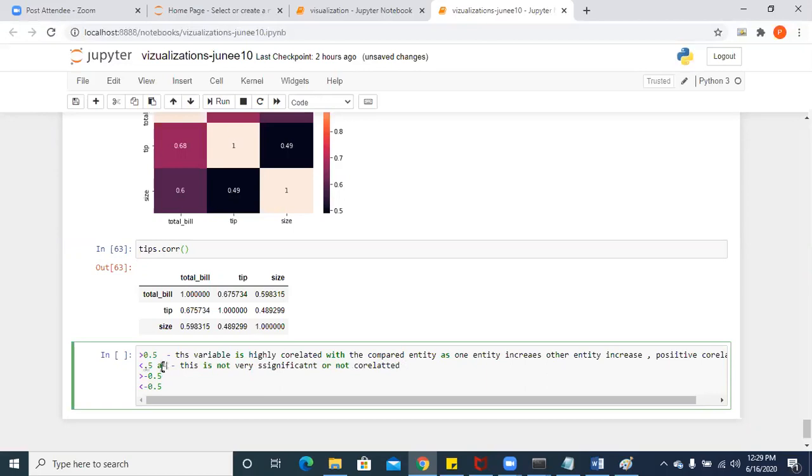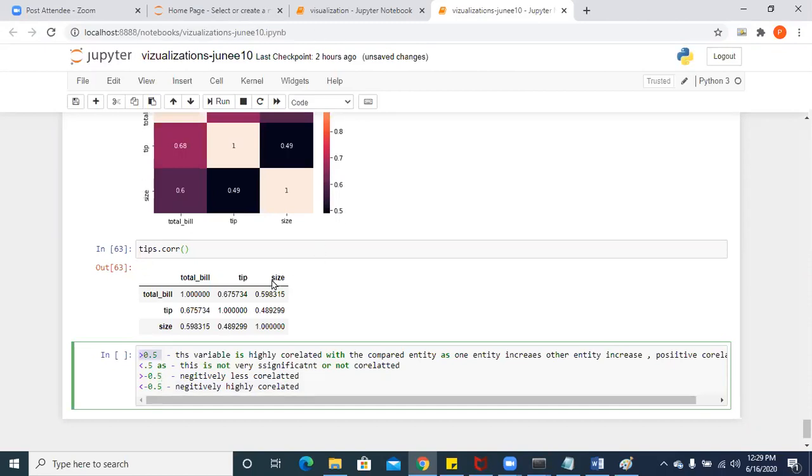So if the value is less than 0.5, the correlation between the entity and the combined entity is not very good. This is negatively less correlated, and this is negatively highly correlated. So that means this is inversely proportional, this is directly proportional.